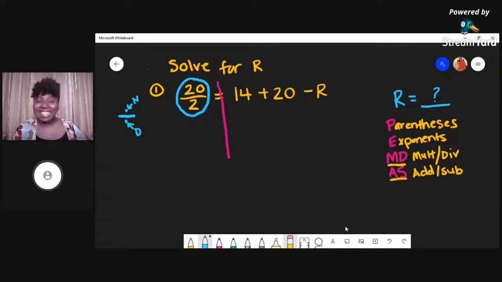Right? I was like, oh my gosh. So cool. The fraction bar always represented division. Always. Mind blown. It's always the things you learn. So that fraction bar lets us know it is division.